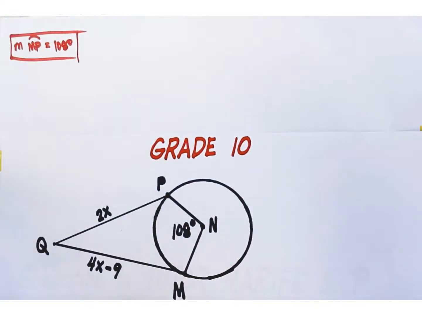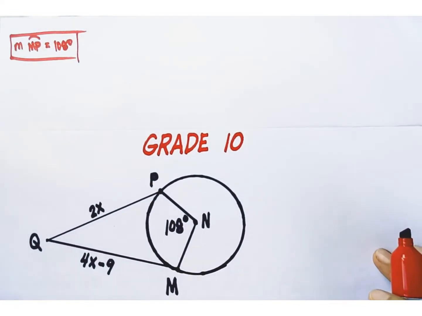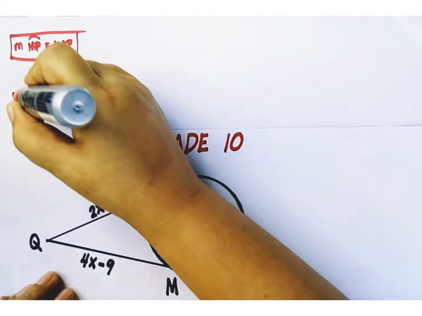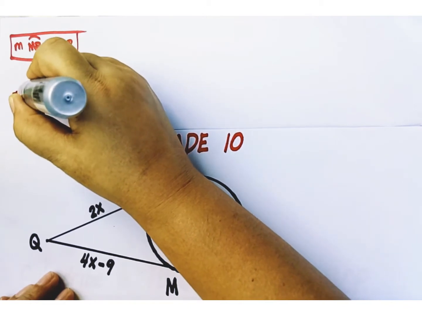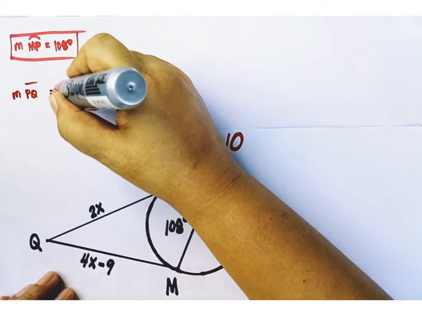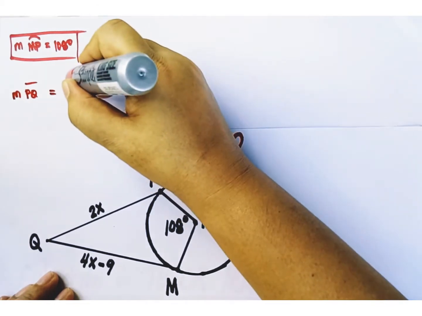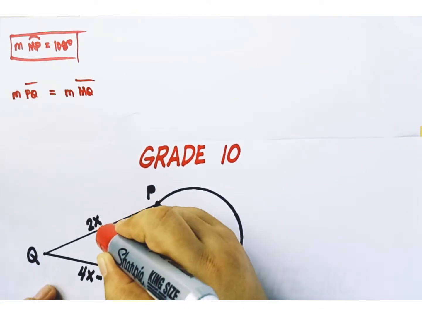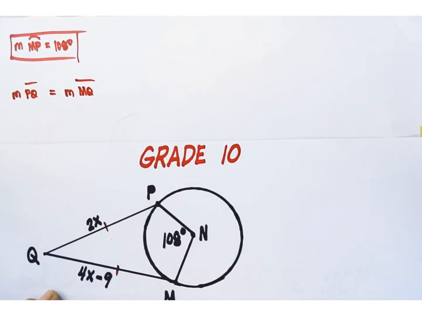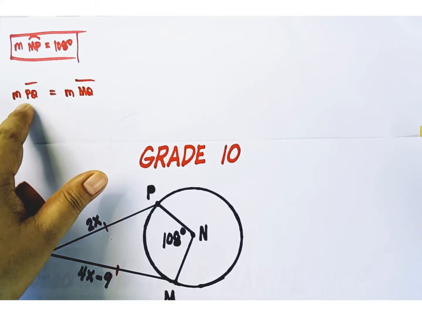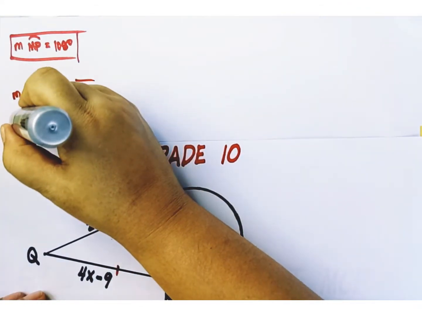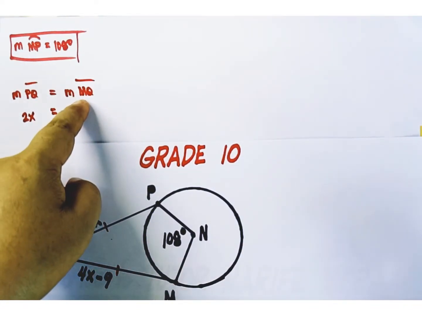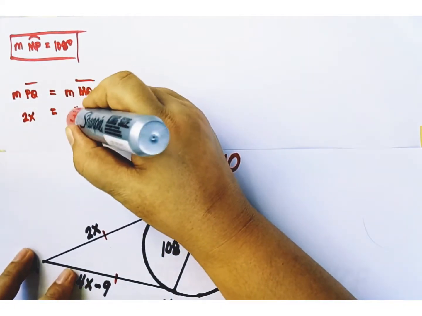Therefore, with reference to that statement, our equation will be measure of tangent segment PQ is equal to measure of tangent segment MQ. This is represented as 2x. This is represented as 4x minus 9.